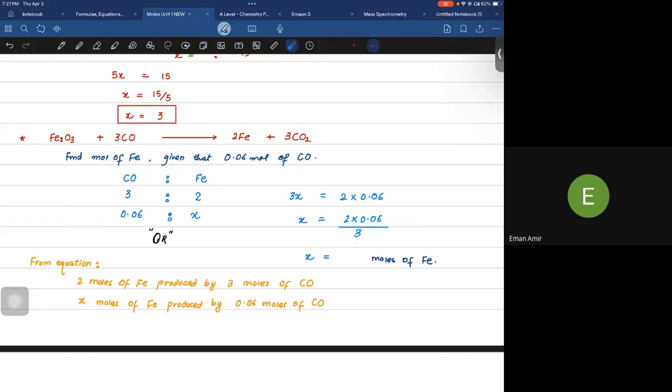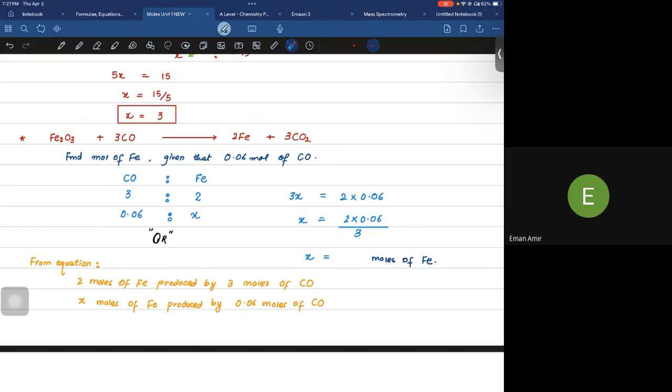First of all, you have to look at the equation and see the mole ratio. But of course, in the same equation, you will see more than one reactant and more than one product, most of the time. So this is the frequently asked question: which value are we supposed to consider?